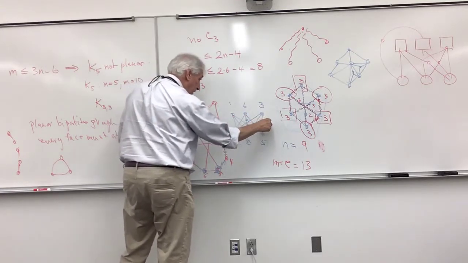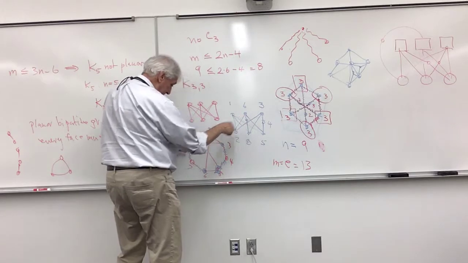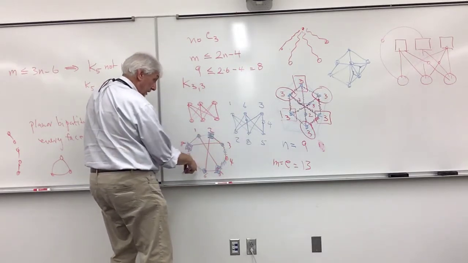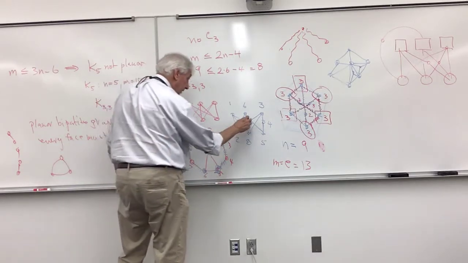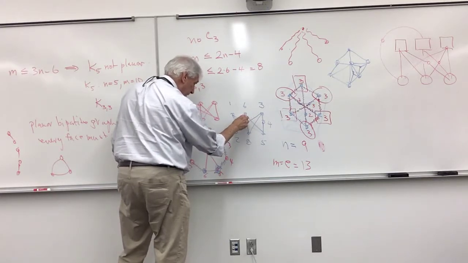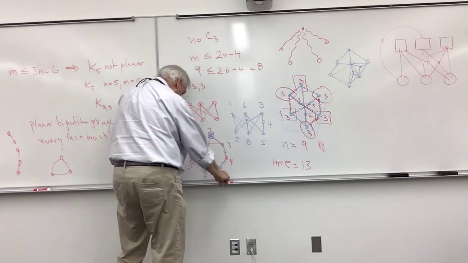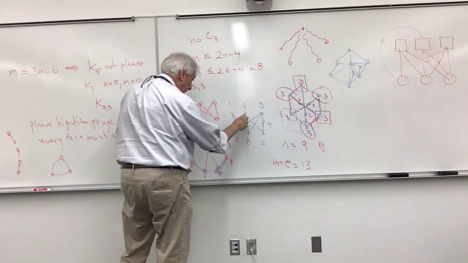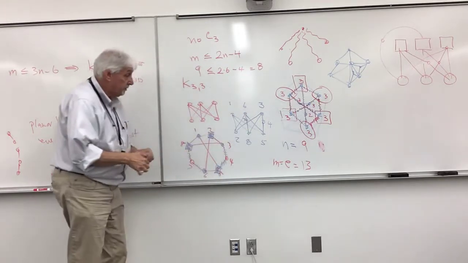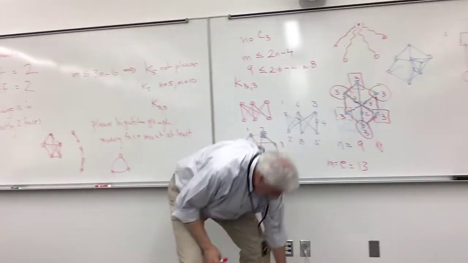This point is 4, and this point between 8 and 6 is 7. Okay, and there's my subdivided K33.